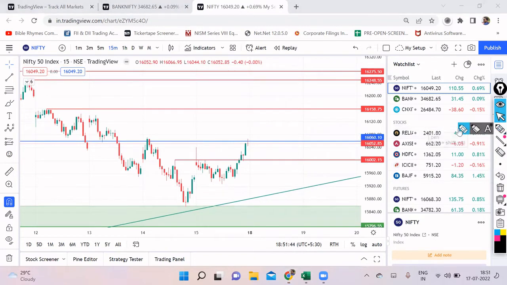If you look at the intraday levels, Nifty has given a close near 16,050, just at the resistance. Okay, and so a flat opening and breaking of this range will immediately take Nifty to 16,150. This is the first target, and then we have a level around 16,250 to 275.